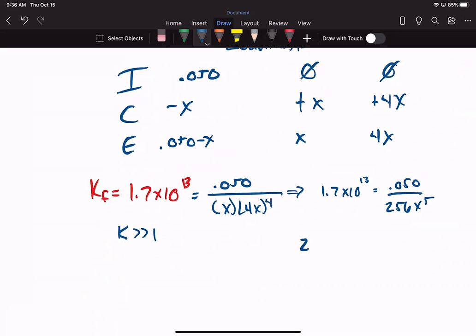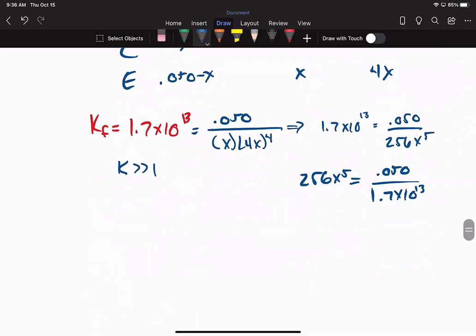So we'll go 256 x to the fifth is equal to 0.050 over 1.7 times 10 to the 13. And then we can say x to the fifth is equal to 0.050 over 1.7 times 10 to the 13, over 256. And let's see what x is.